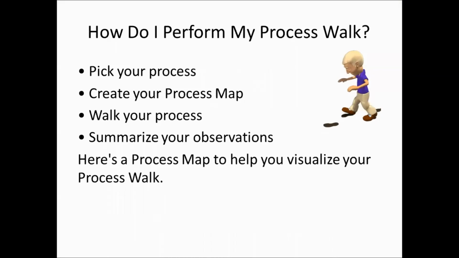These are all ways to pick up on waste in your process. Create your process map, walk your process back, summarize your observations, and find out where the waste is.